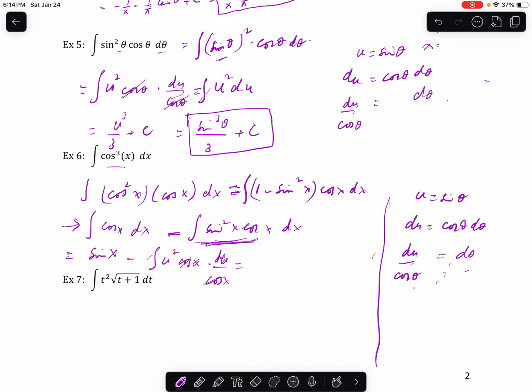So our integral becomes sine of x minus u cubed over 3 plus c.